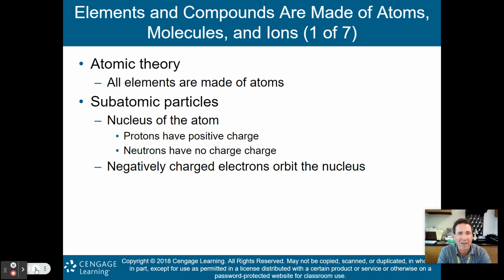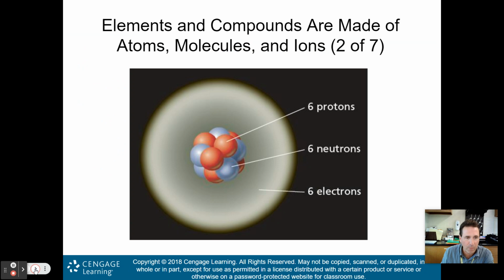In the nucleus, you have protons, which are positively charged subatomic particles, and neutrons, which have no charge. And then around it, you have negatively charged electrons, which kind of orbit the nucleus, even though now we're thinking they're really not in orbits, they're more in a cloud. They could be anywhere in that cloud of electrons that basically orbits the nucleus.